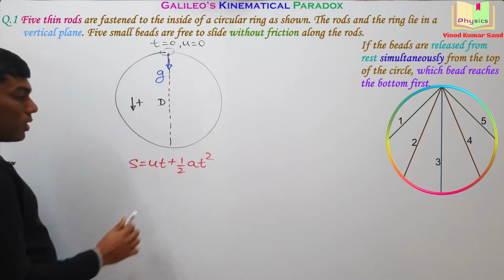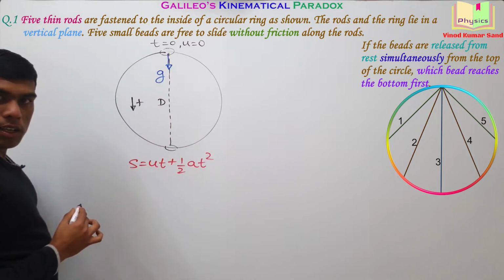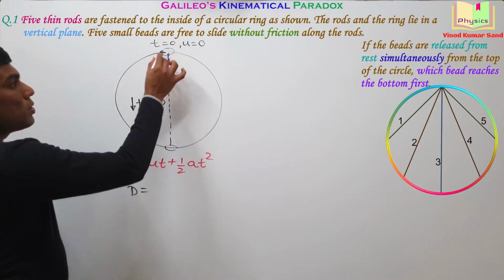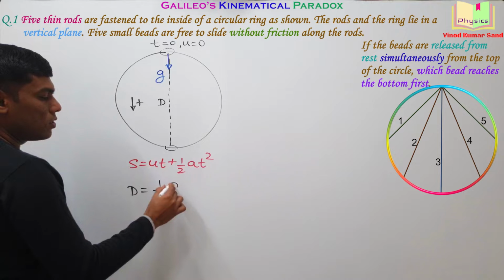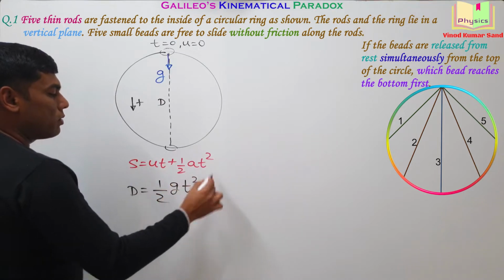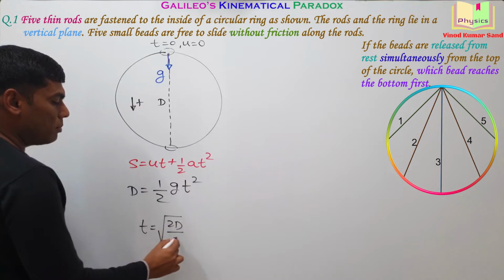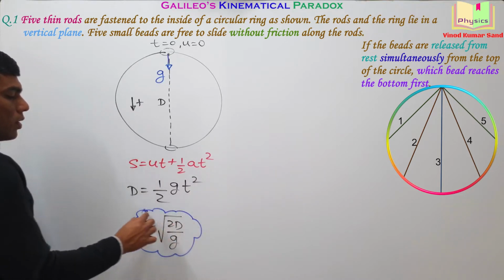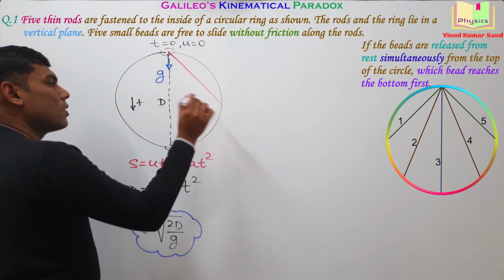Its displacement till it reaches the bottom is taken as d. u is 0, so this part vanishes, leaving half times acceleration g multiplied by t square. So t comes out to be root of 2d by g. Simple computation.